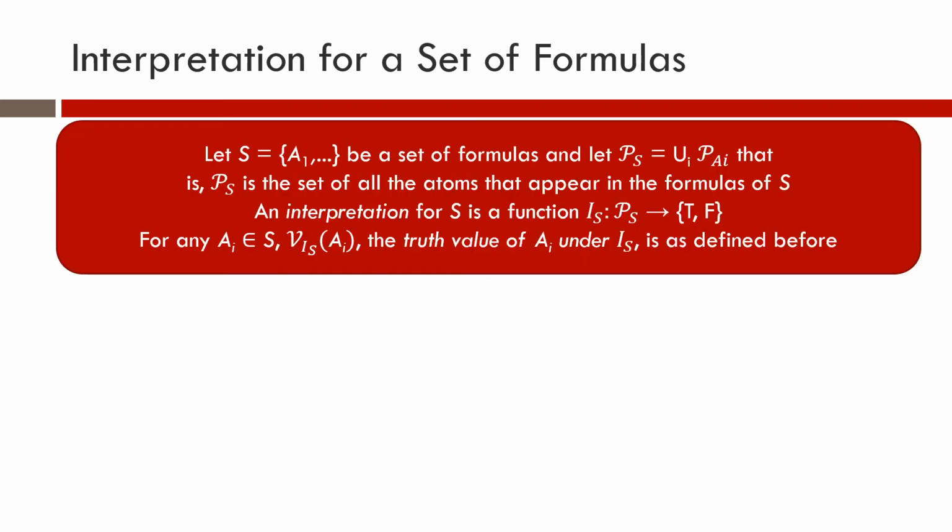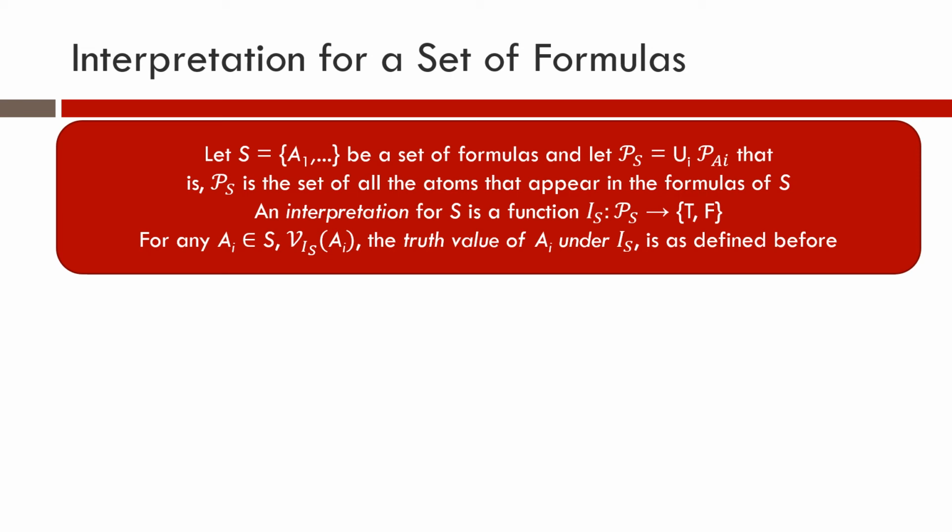And finally, we should also understand how to find the interpretation for a set of formulas. We have seen how to find the truth value of one formula. So if we have a set of formulas, how will we interpret a set of formulas? Let S be a set of formulas A1, A2, etc. and PS will be the set of all the atoms that appear in all the formulas.